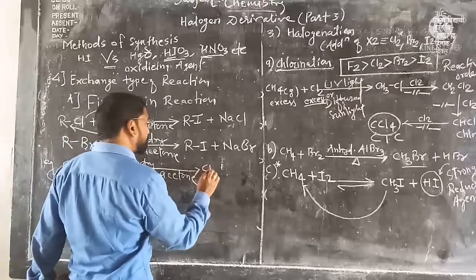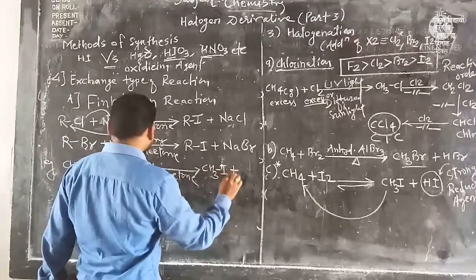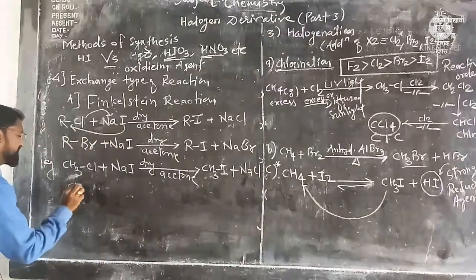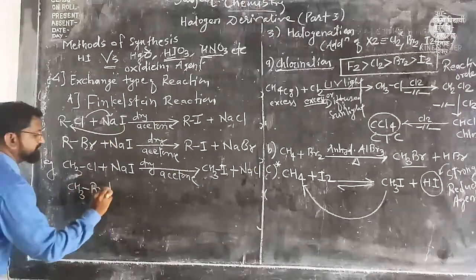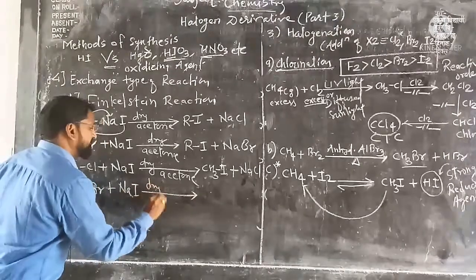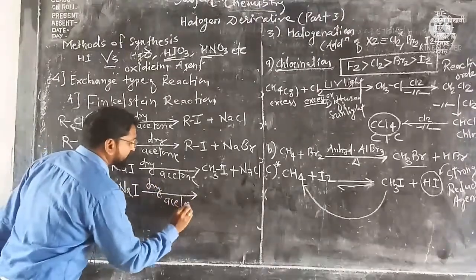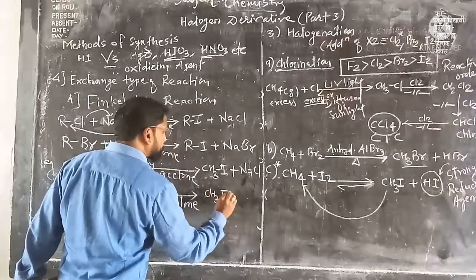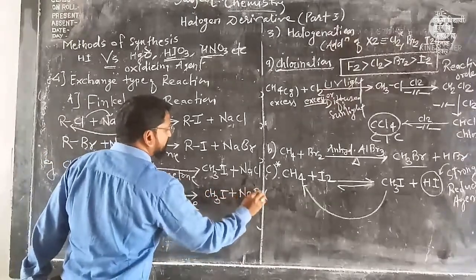So by exchange it will give CH3I plus NaCl. Similarly, CH3Br plus NaI, again in dry acetone, will form methyl iodide plus sodium bromide.